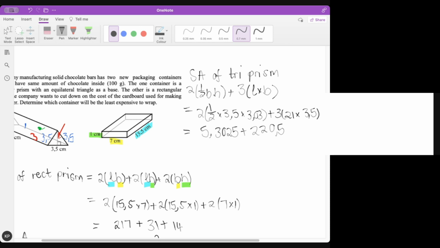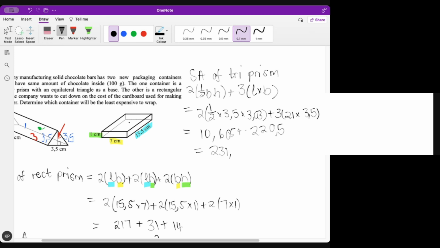Three times... Oh, this is 10. I didn't double. I see what happened over here. So it's 10,605 plus... There we go. Now it makes sense, right? I'm writing in the wrong place. Equals 231.